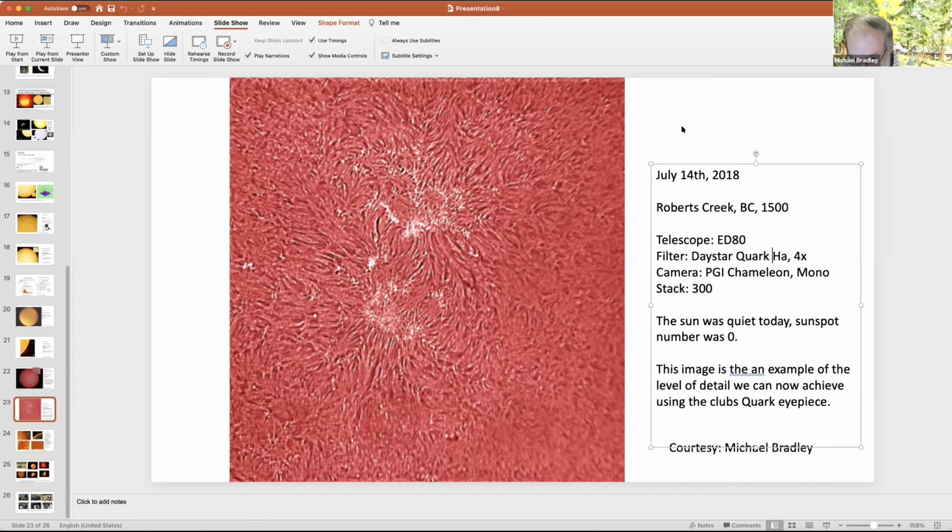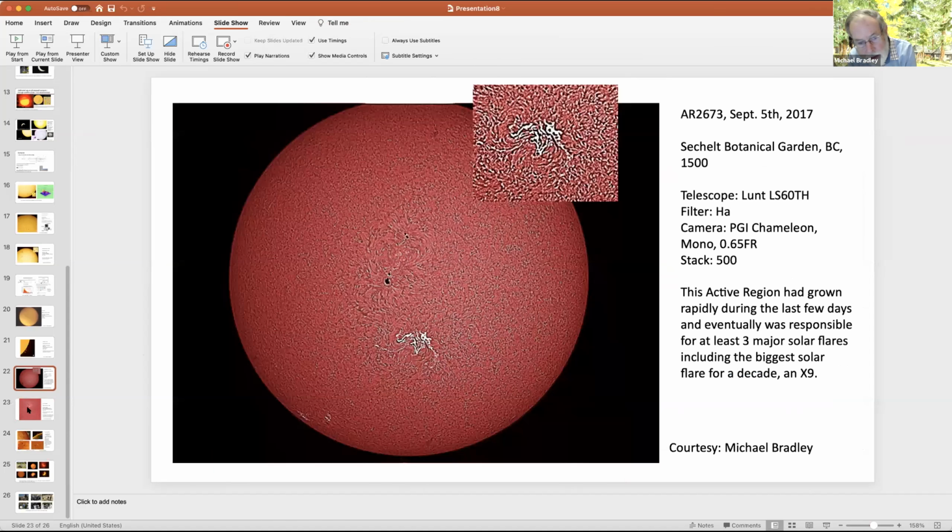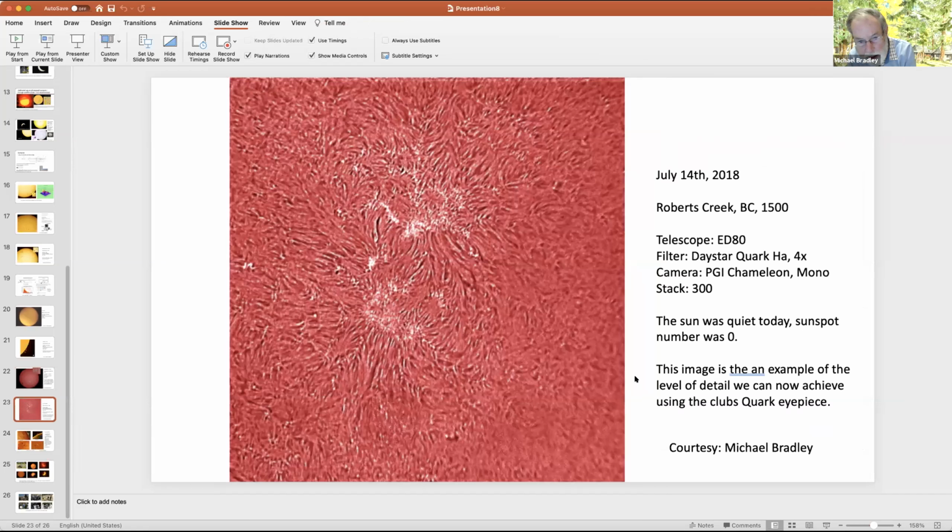We found that the popularity with members of the public, looking at the sun, being able to show them sunspots and flares and so forth, was always a big draw. And so we applied to the gaming grant authority here in BC and said that we could enhance our outreach experience if they would provide us with equipment to look at the sun.